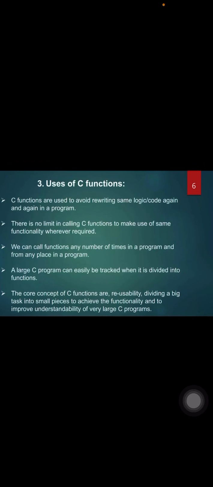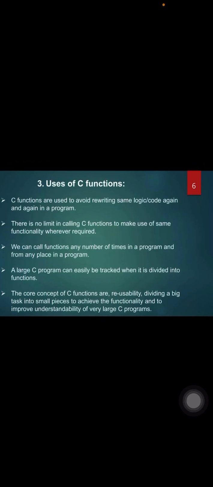If we talk about the use of C functions, the main reason behind the use of C functions is if we want to perform a specific task again and again, this can be done by using C functions, as we can call a function many times without rewriting it.